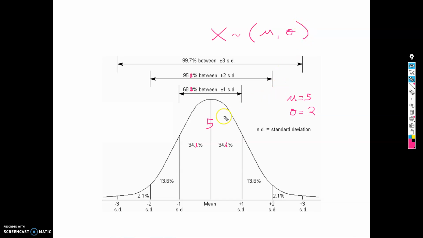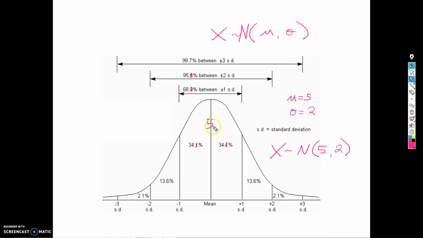And this is why: your mean is going to be your center line, and your standard deviation tells you how far to the right and left you go. There's an N out here because we're normal. So for us, our normal distribution would look like this, and the notation goes mean, comma, standard deviation.